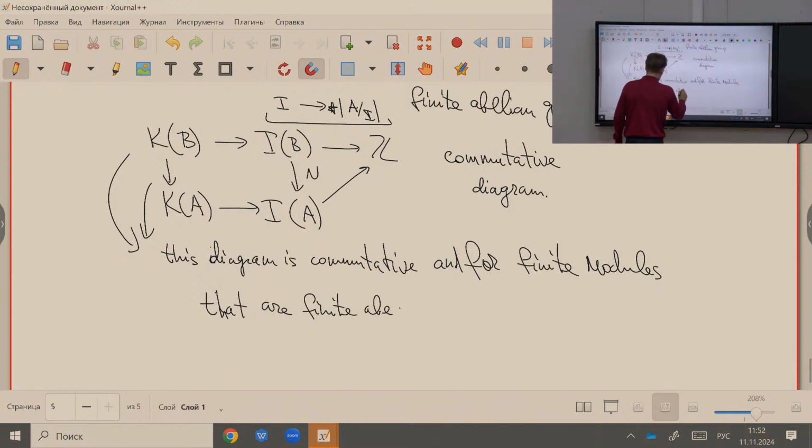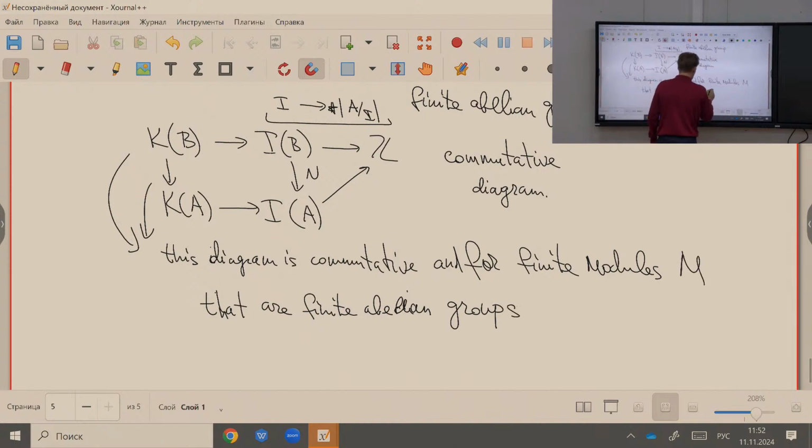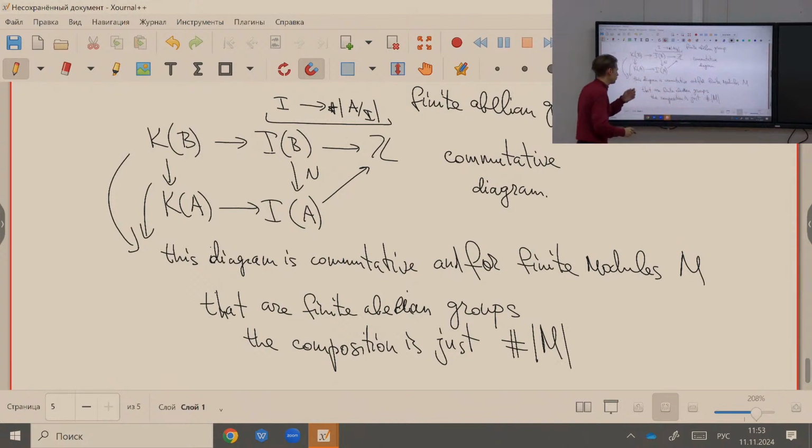Abelian groups. The composition is just the sum of elements, so the number of elements.